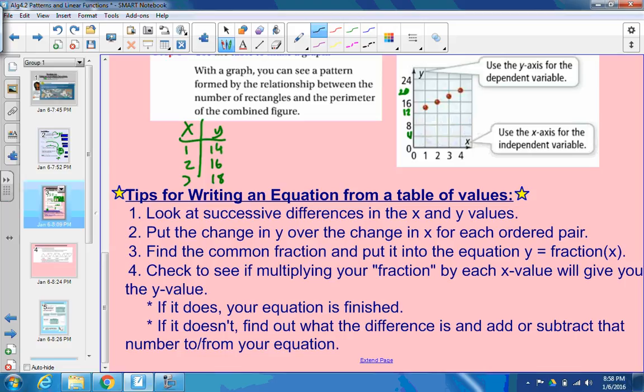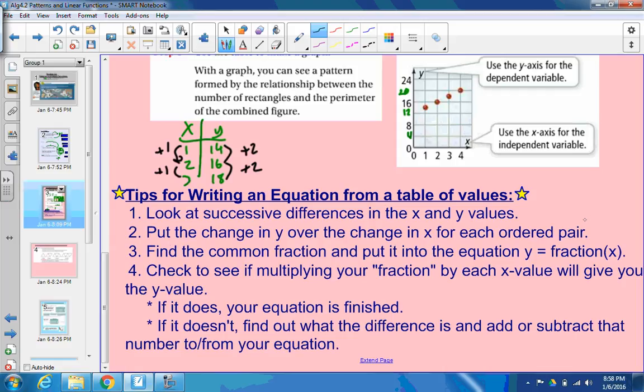Successive differences in x and y values means as the x goes up by however many, this is going up by plus 1. How many is the y changing by? Plus 2. It's the same thing every time. We can take those successive differences and put them in the change in y over the change in x.